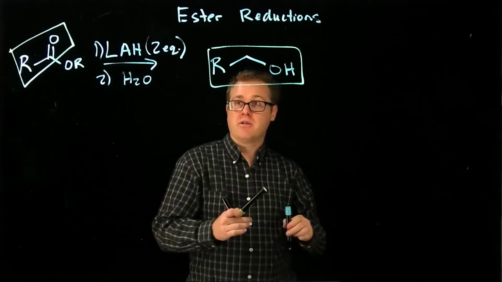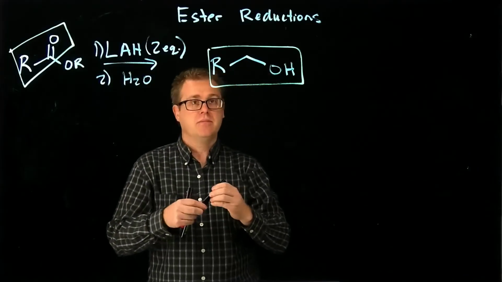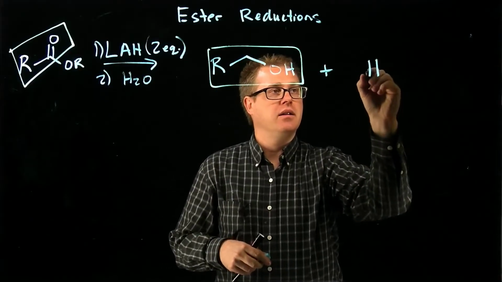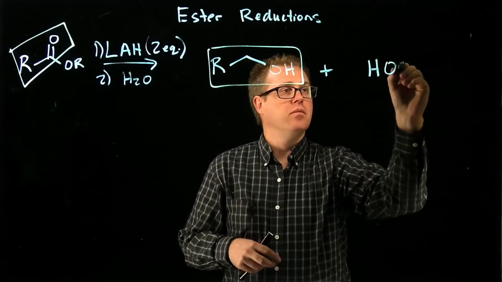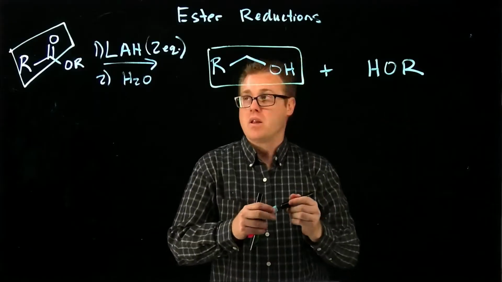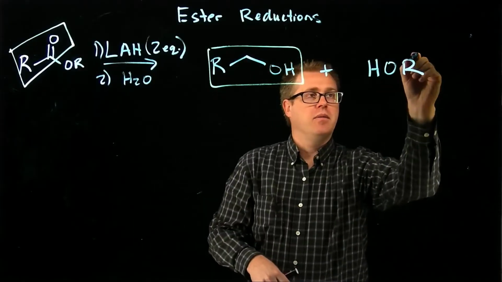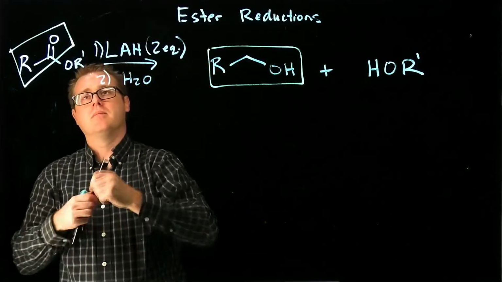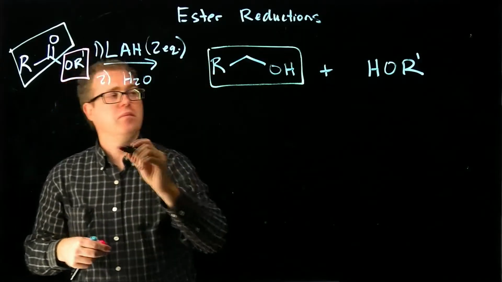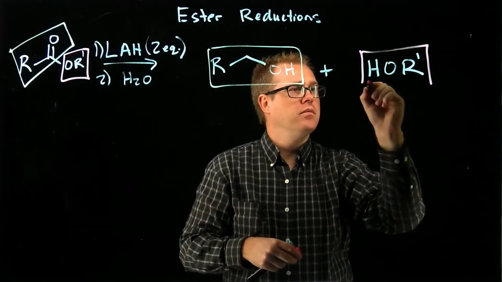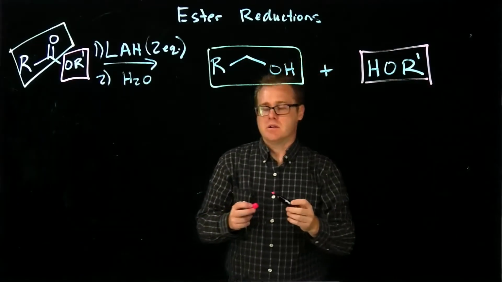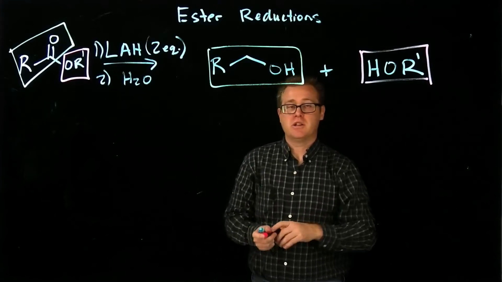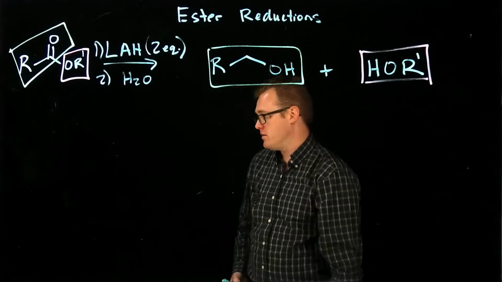But we also generate a second alcohol, and that second alcohol is going to be this guy. So where did this alcohol come from? It came from right there. So whenever you reduce esters, you're going to generate 2 alcohols.